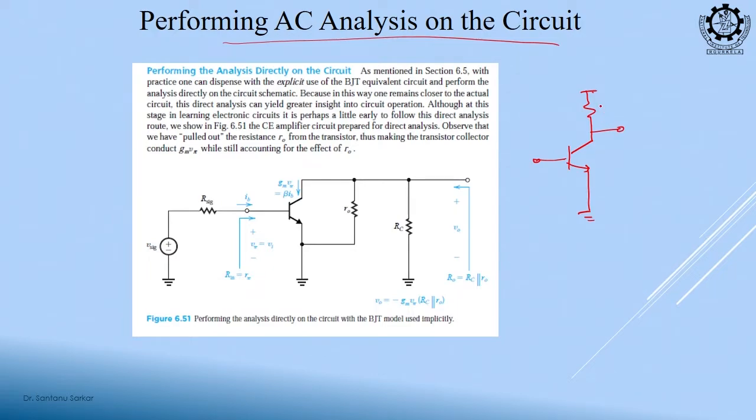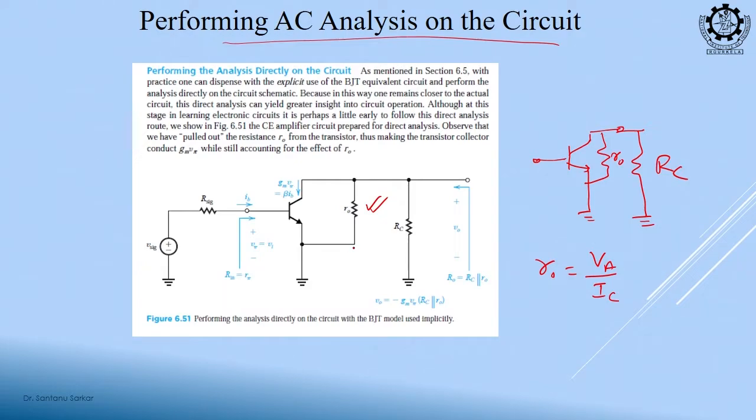So, we will just redraw this RC, and we will consider between collector and emitter there is a resistance, that is R naught. What is the value of R naught? Early voltage by IC. So, this is our R naught. Okay, so that we will draw.